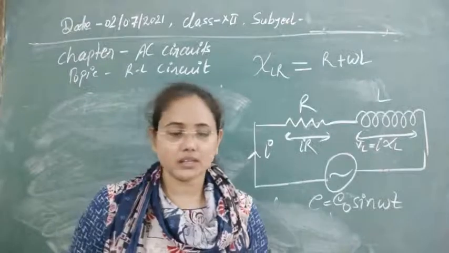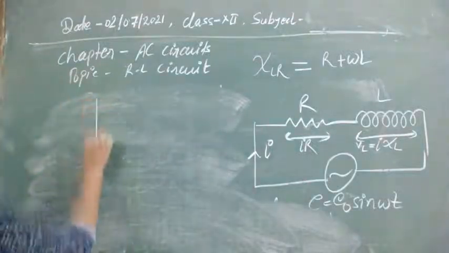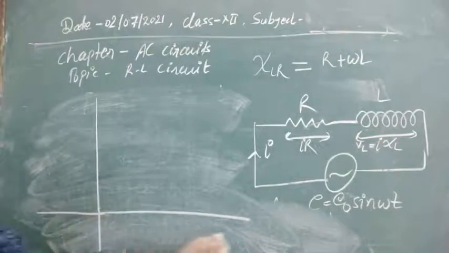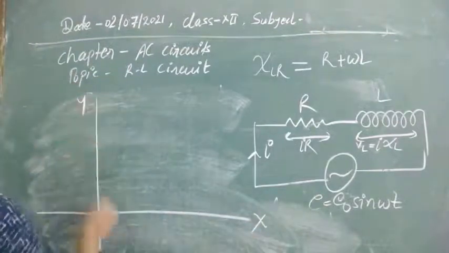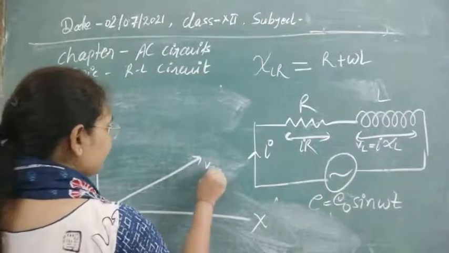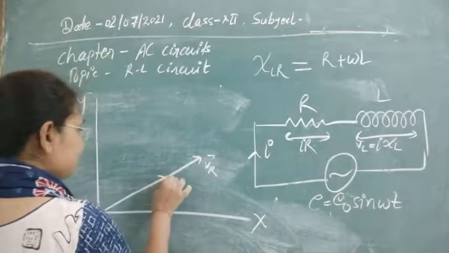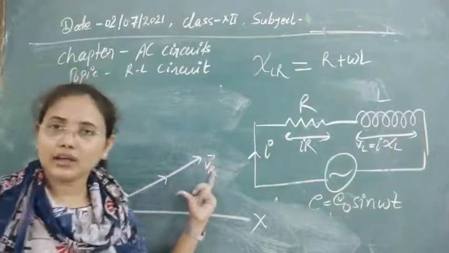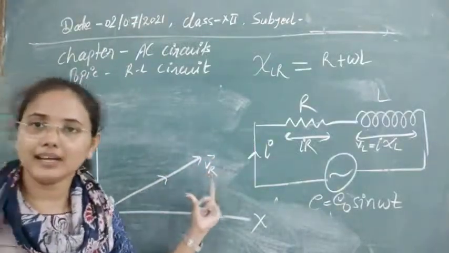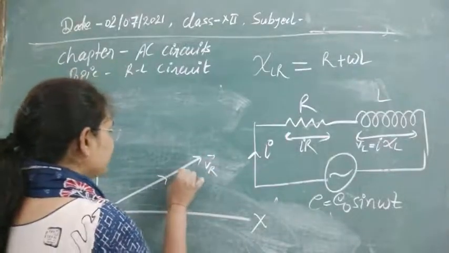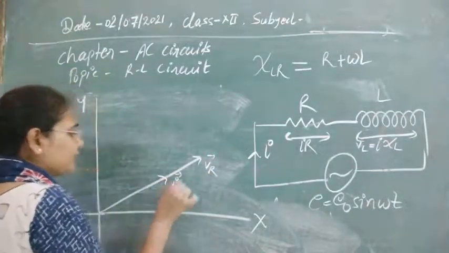So suppose this is our x direction, this is our y direction. Now if this is for the resistance, suppose this is the direction for VR, and as we know for a resistive circuit, there is no lagging or leading between the current and voltage. So this is equal to IR, or simply I we can write here.